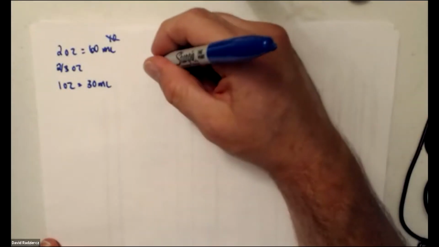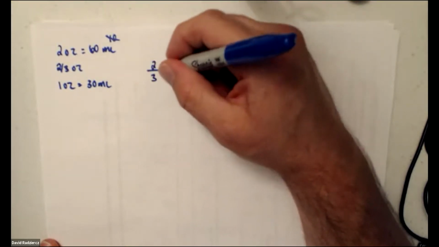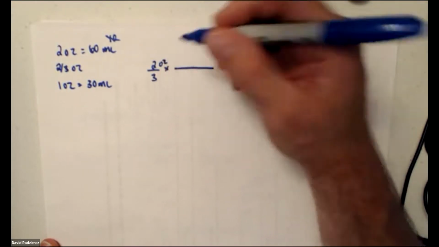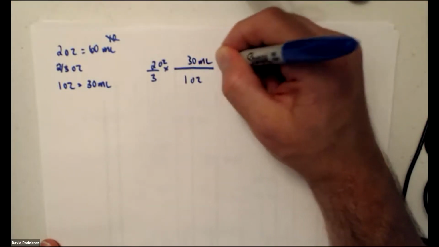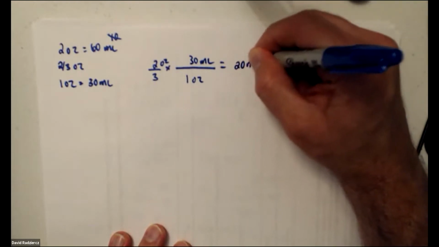The 2/3 ounce is going to be interesting. I would set it up as 2/3 times 1 ounce over 30 milliliters, a conversion. Then I have 2 times 30, which is 60, divided by 3, and that gives me 20 milliliters.